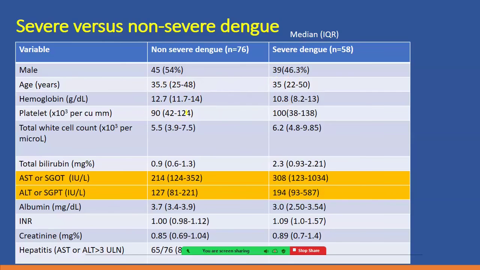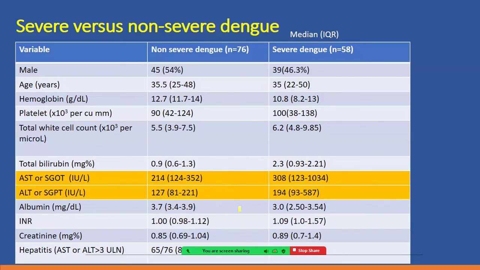The platelet counts are 90,000 in the non-severe group and 100,000 in the severe dengue group. TLC count is 5.5 thousand and 6.2 thousand. Bilirubin levels are elevated in the severe dengue group. The liver enzyme median values are not significantly different between the groups, but there were extremely high values in the severe dengue group.